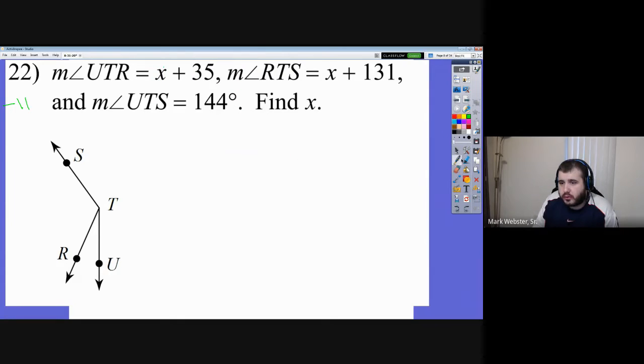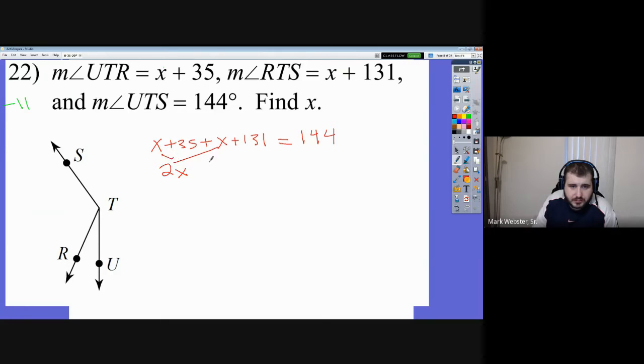So we go through and we make our equation. UTR, that's this little piece right here. And RTS, that's this piece right here. Had better add up to UTS, the whole thing, 144, right? So we're going to combine our like terms.